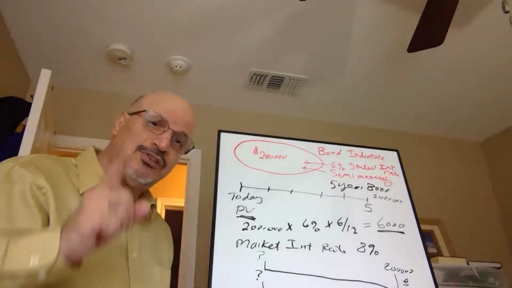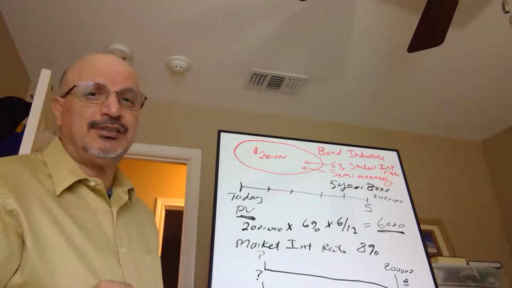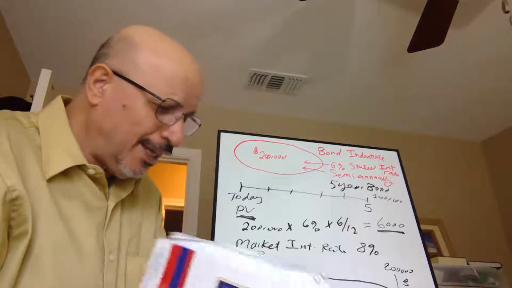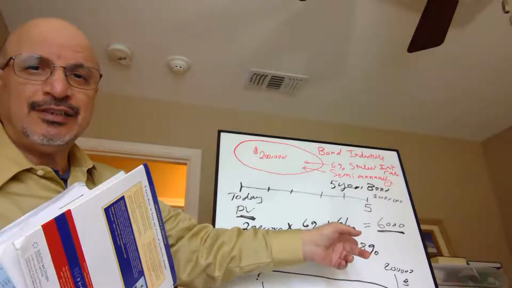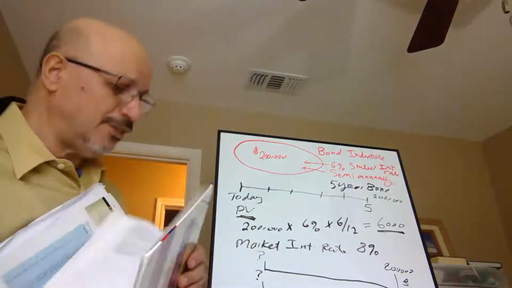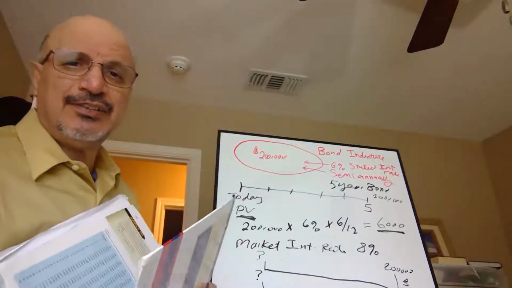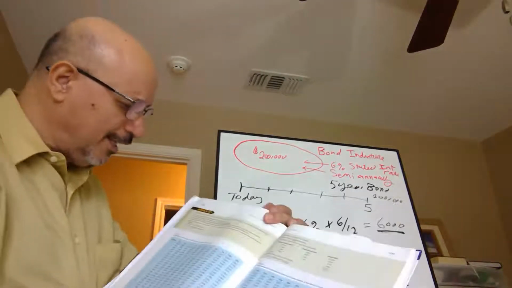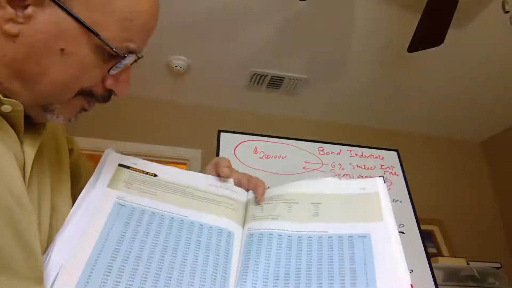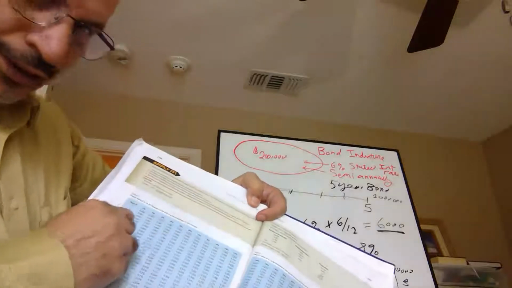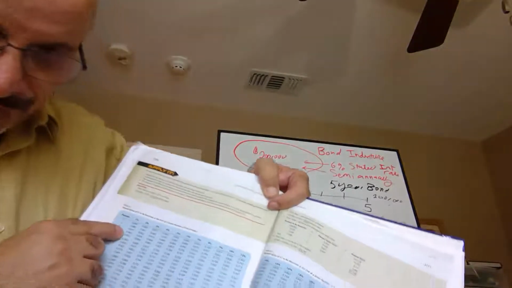Remember, we're going to use the market rate to determine the price of the bond. So we look at the market interest rate of 8%, and the payment is semi-annual. It's a 5-year bond, so we look at 10 periods and half of the 8, which is 4%.